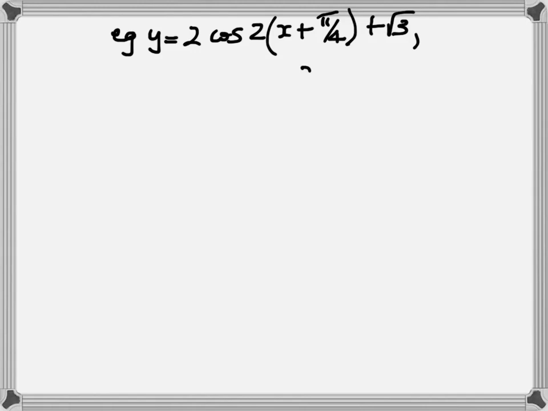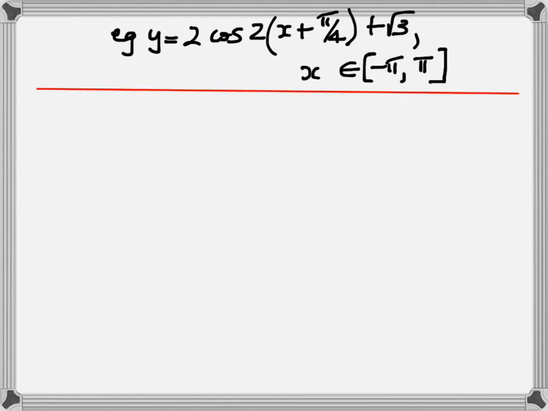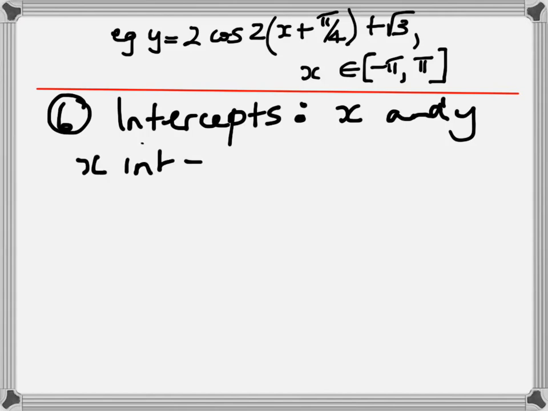Here comes the function again, and the next bit's coming. Here we go, the intercepts. Now, because it's so long to work out the x-intercepts, and because I did it in a previous presentation, I'm actually not going through the whole catastrophe of working out the x-intercepts here.